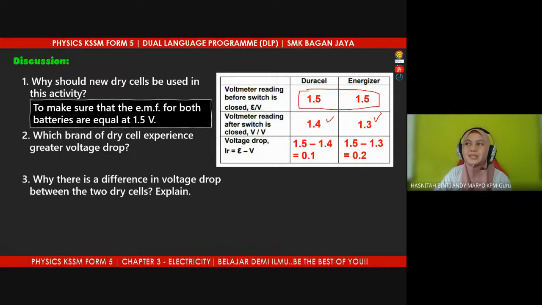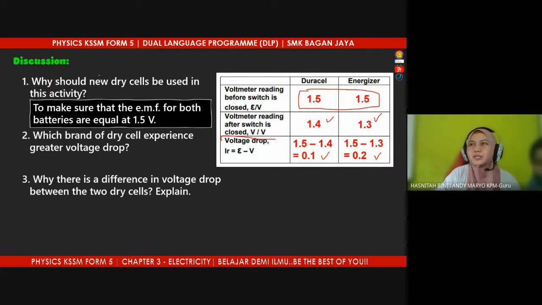The reading is less. This shows a voltage drop, meaning the difference between the EMF and the voltmeter reading when the switch is closed. We call it a voltage drop. So 0.1 for Duracell and 0.2 for Energizer.